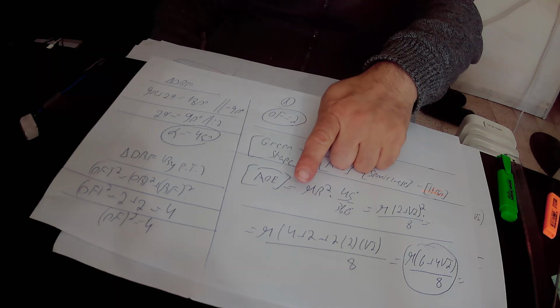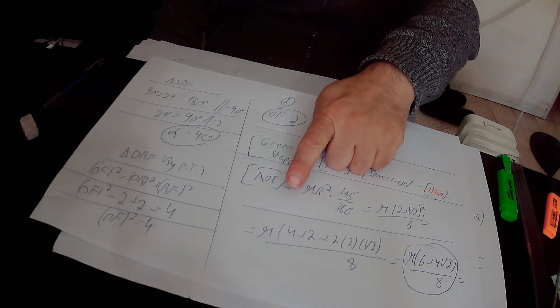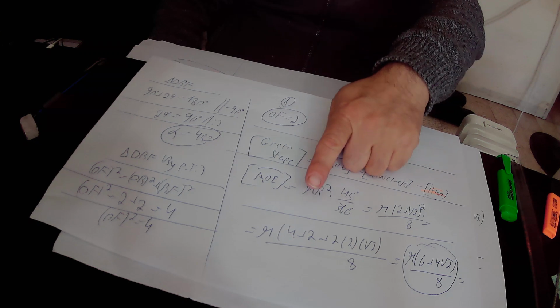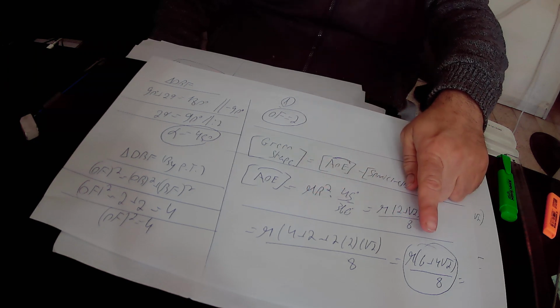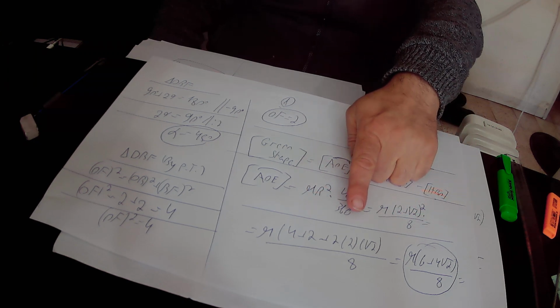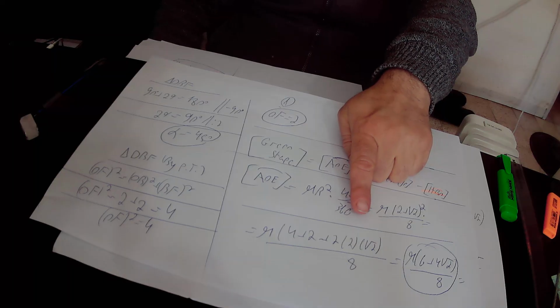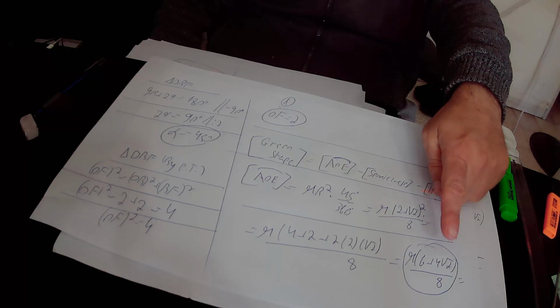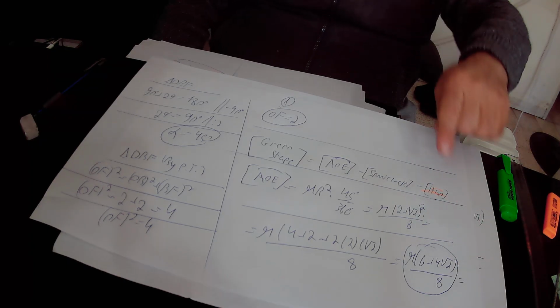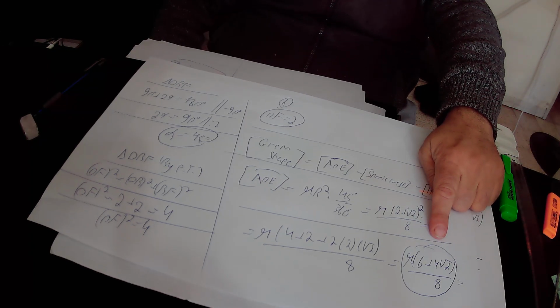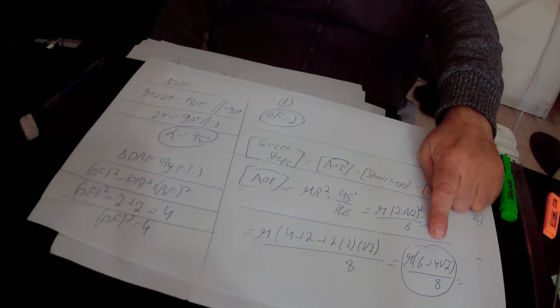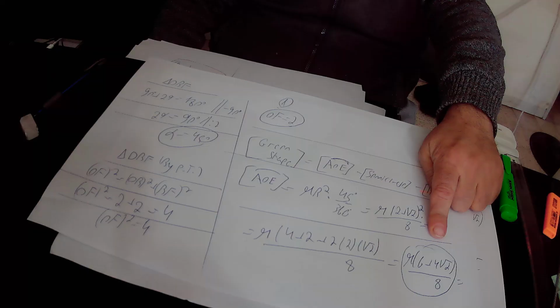Inside the brackets we have 4 plus 2, that is 6, and 2 times 2 is 4. So the numerator will be 6 plus 4 times square root of 2, divided by 8. Here we divide both the numerator and the denominator by 2.